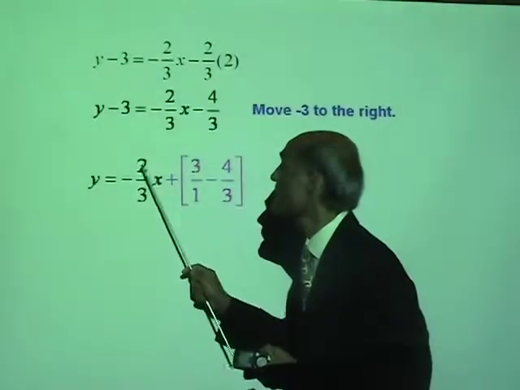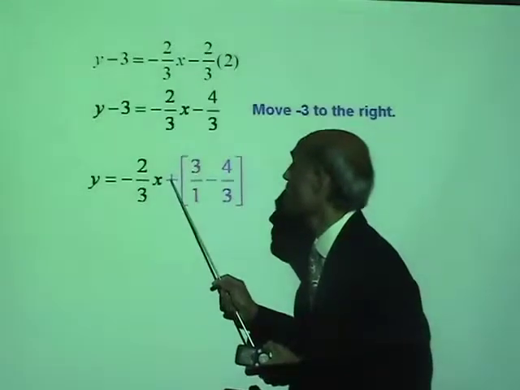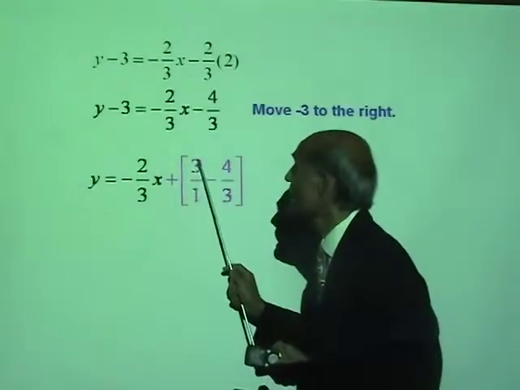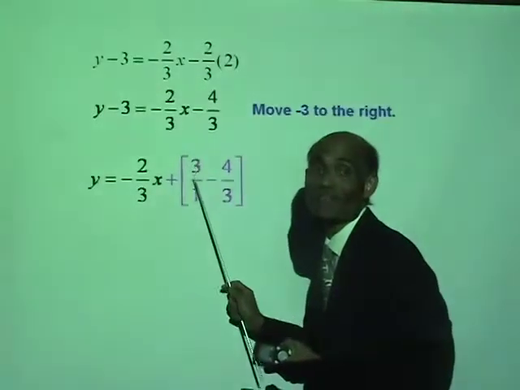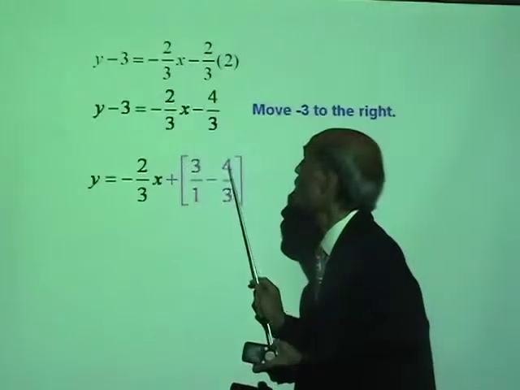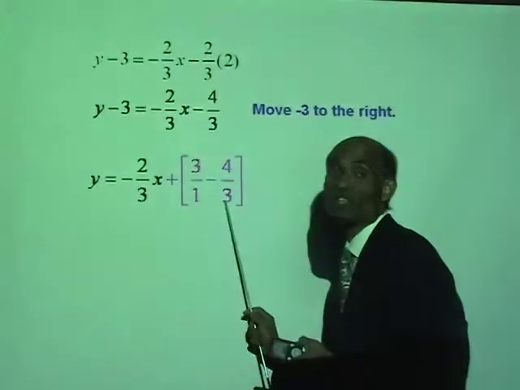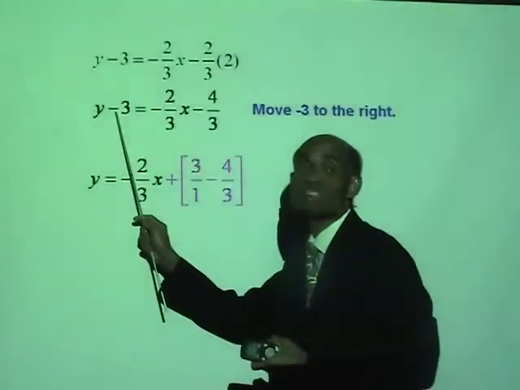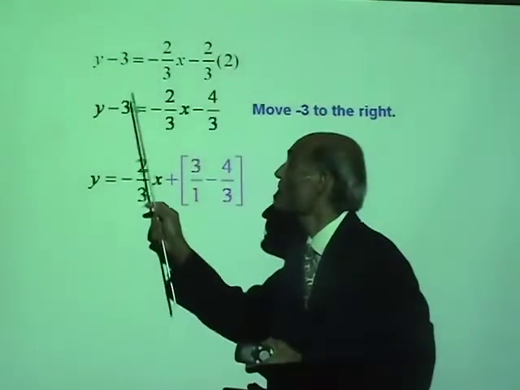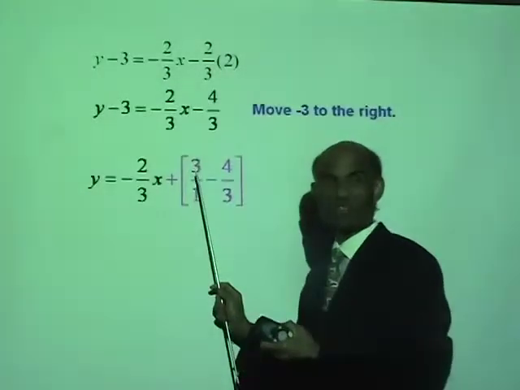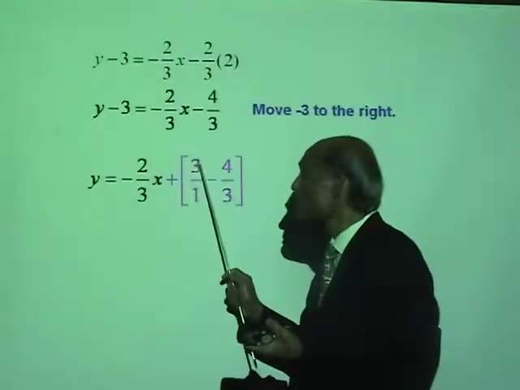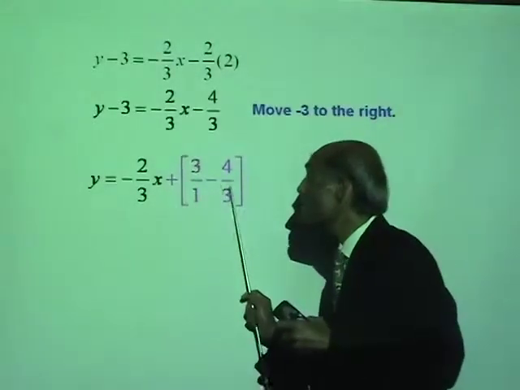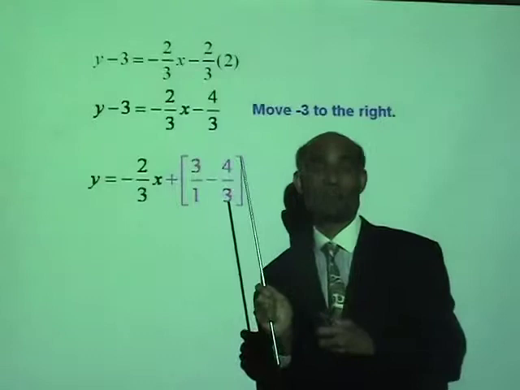Y equal to -2/3 x plus 3/1 minus 4/3. I hope you understand what is inside the bracket. This 3/1 is this -3 that moved from the left to the right and became +3. And I simply wrote it as 3/1 to create that denominator to make it easy for you to now add.